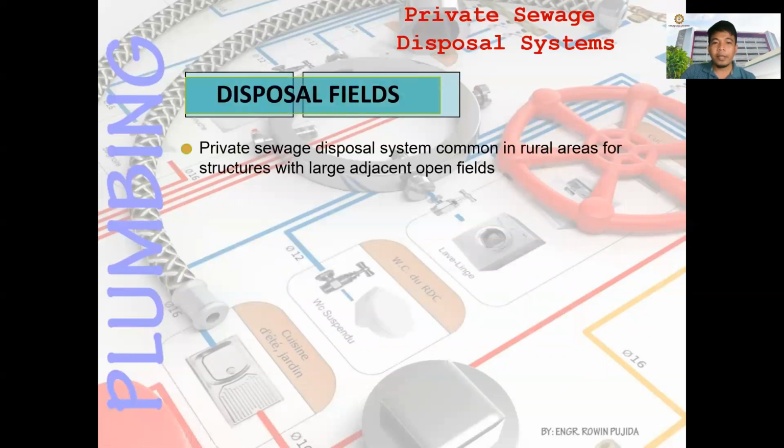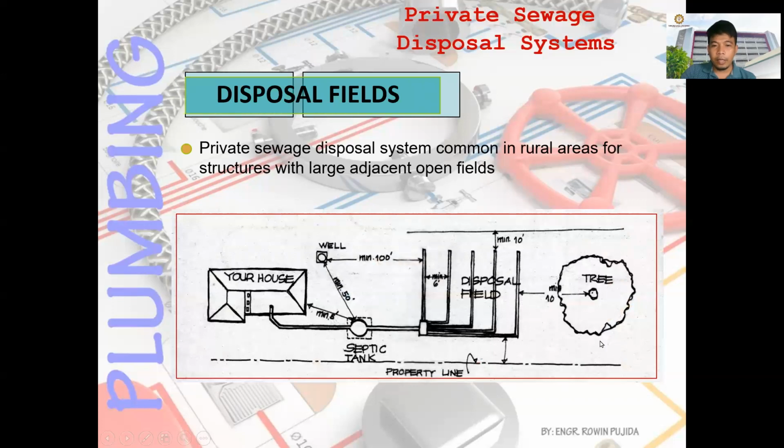So next is disposal fields. Private sewage disposal system common in rural areas for structures with large adjacent open fields. This one. So you have disposal fields. So it depends on your area, but here in cities, we will provide every building with a septic tank.